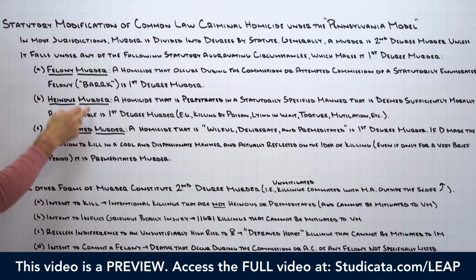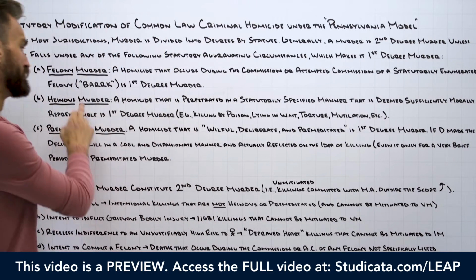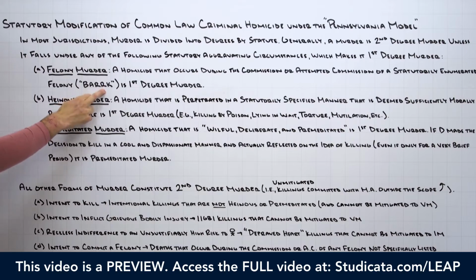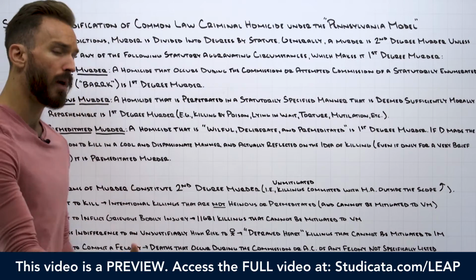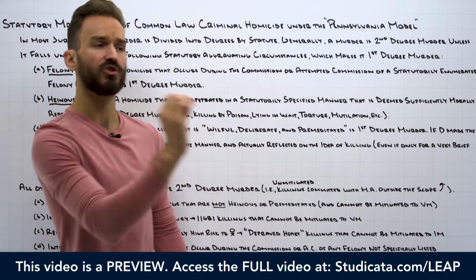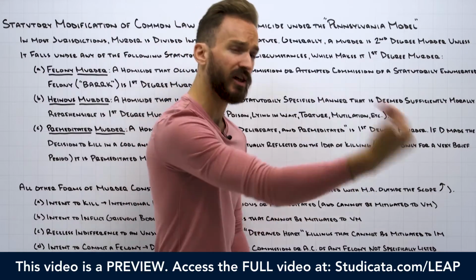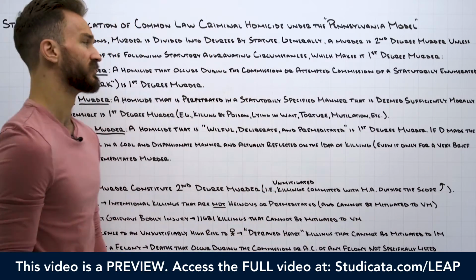The most common are burglary, arson, rape, robbery, and kidnapping, right? We have an acronym, BARK, with 2 R's. Burglary, arson, rape, robbery, and kidnapping are the most common that you see, but there could be any number of specifically enumerated felonies that any jurisdiction has specifically listed that constitute first-degree murder.